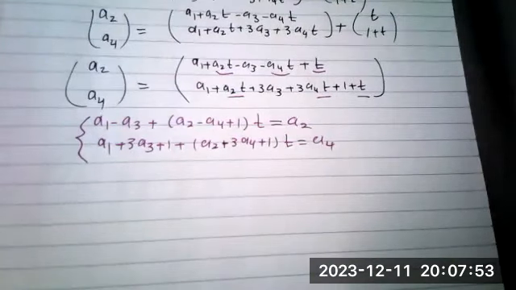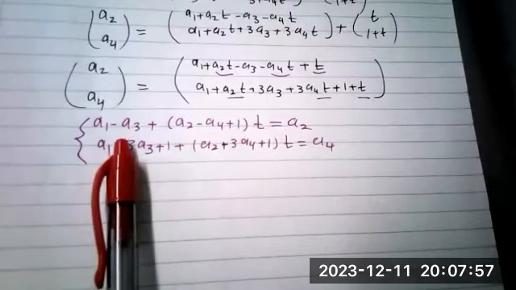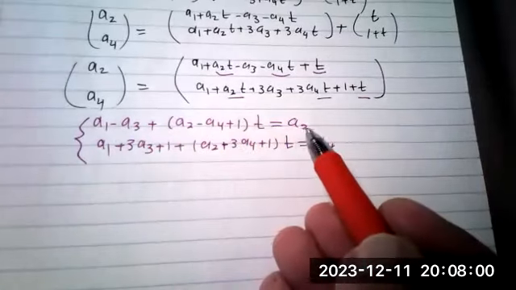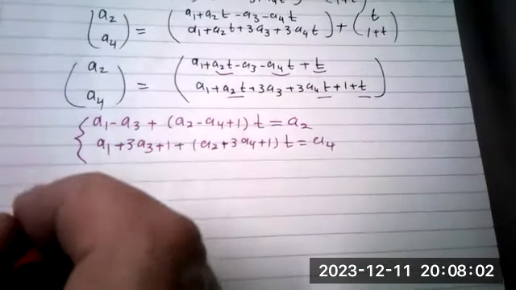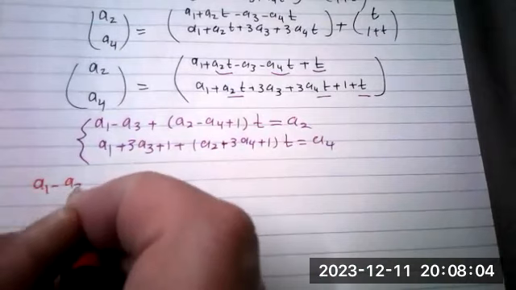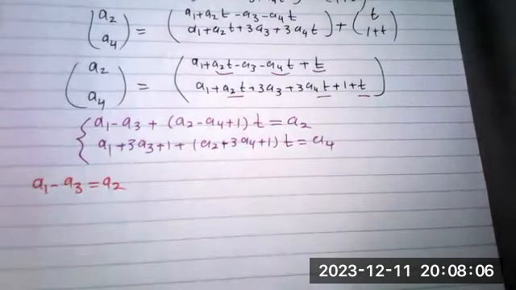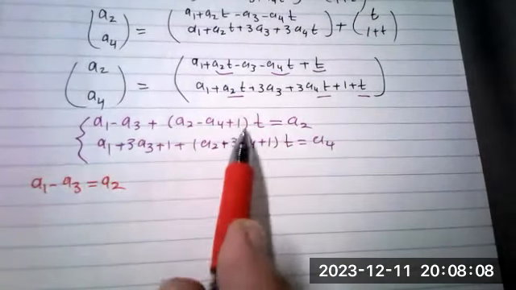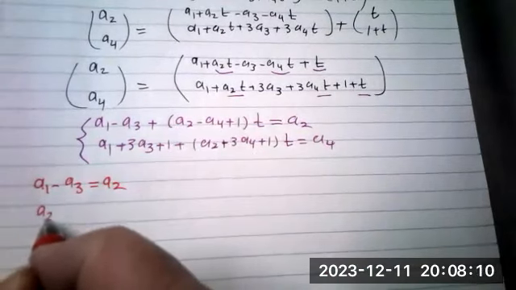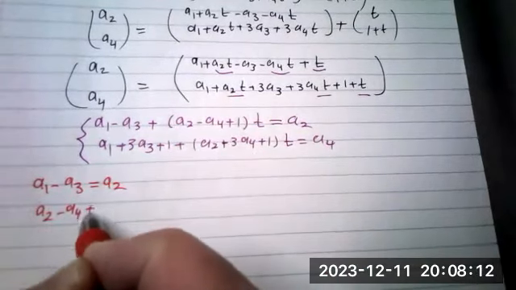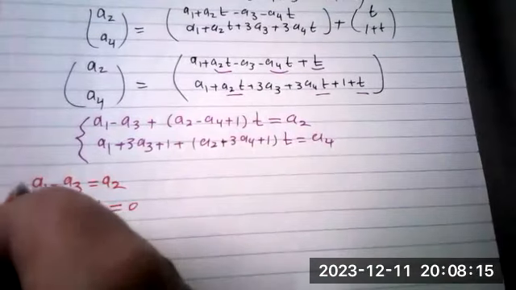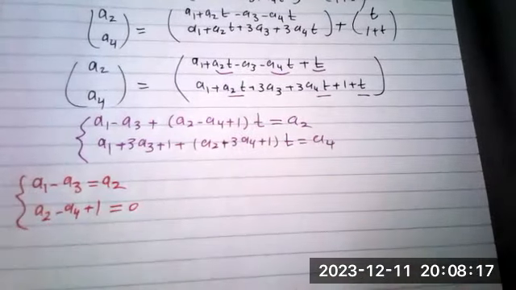Now, let the coefficients of the monomials be equal to each other. From the first one, the constant coefficient on the other side is A2. So you're going to get A1 minus A3 equal to A2. And from the second part, you get A2 minus A4 plus 1 equal to 0, because you don't have any T on the other side.